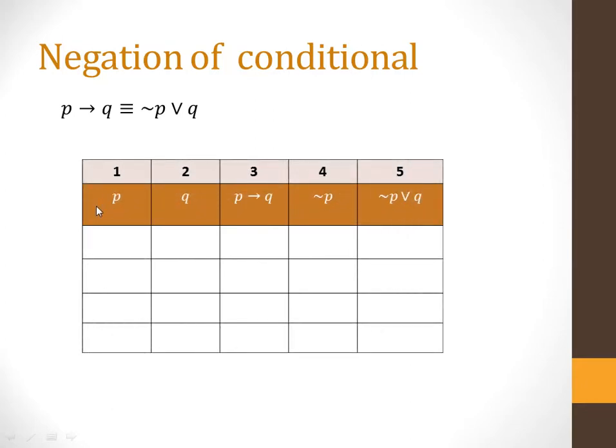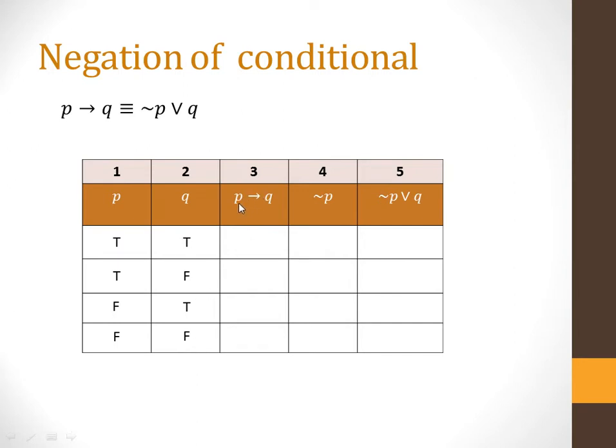The first column is P, the second one is Q, the third one is P implies Q, then negation P, and the last one is negation P or Q. This is a very important logical equivalence. As usual, we will write all possible combinations of truth values of P and Q. Values of P are T, T, F, F, then values of Q are T, F, T, F. So we get all four combinations.